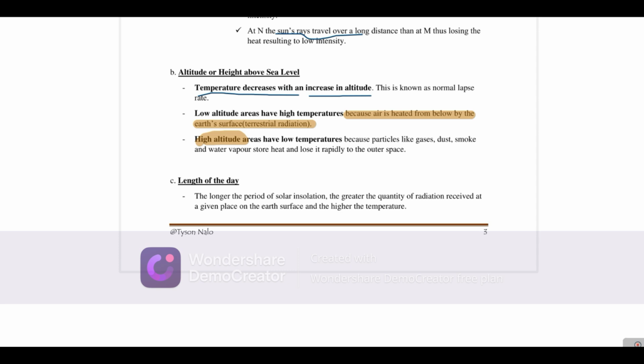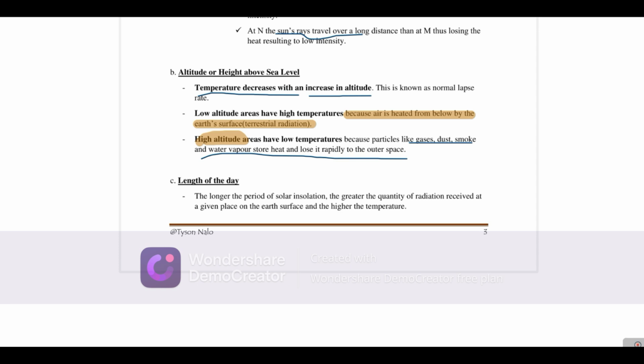It is because of the particles, like gases, dust, smoke, and water vapor, which store heat and lose heat rapidly to outer space. So this is the reason why the temperature is very low. Because in highlands, we have raised terrain, that is the steep slopes, the hills, mountains, plateaus, and things like that, which have an effect on the temperature of the surroundings.